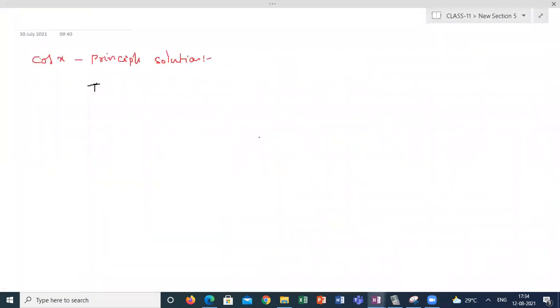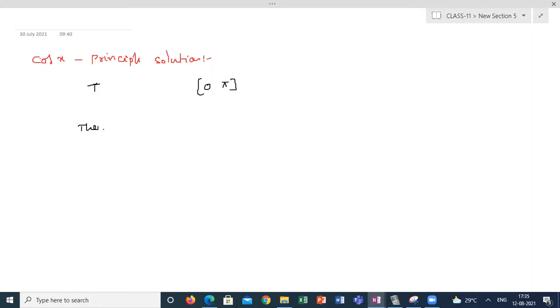So how can I explain the cos x principal solution? Cos x principal solution is a unique value that exists such that 0 to pi. How do we write the principal solution of cos x?